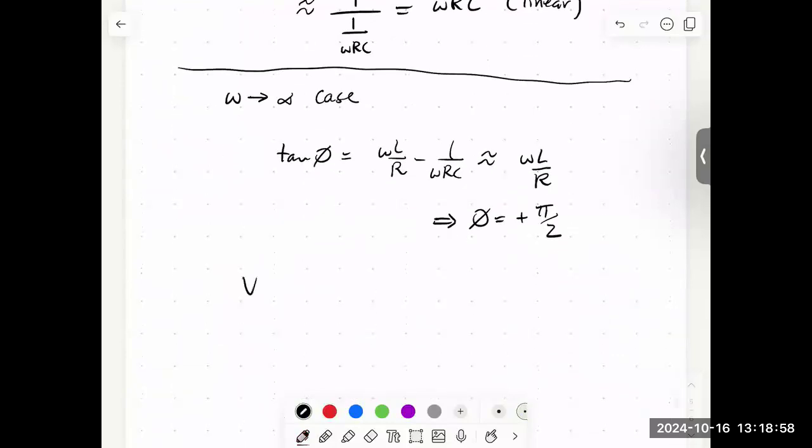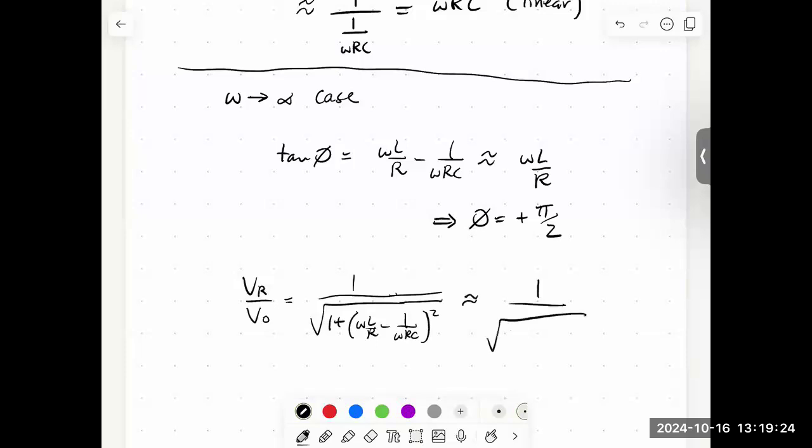Let's do the ratio of amplitudes: 1 over the square root of 1 plus omega L over R minus 1 over omega RC, squared. Borrowing what we already know from our analysis of the phase, the bracket's just going to be omega L over R squared. So we end up with 1 over the square root of 1 plus omega L over R squared.